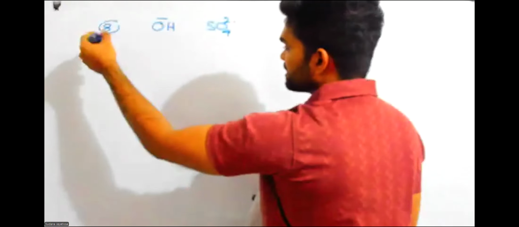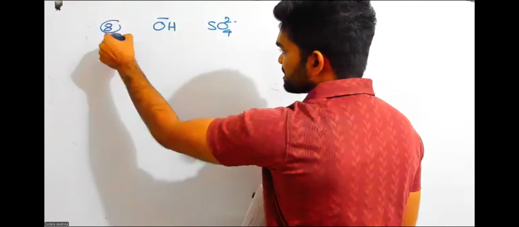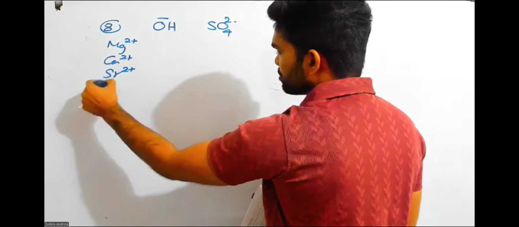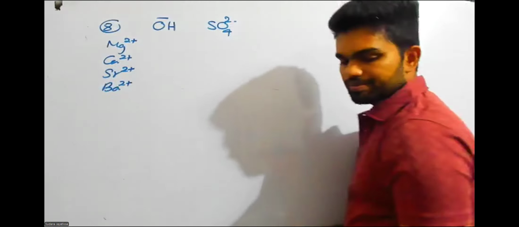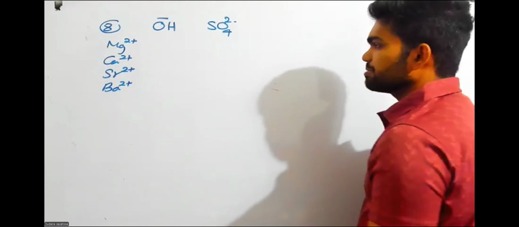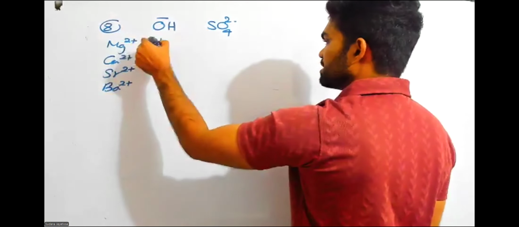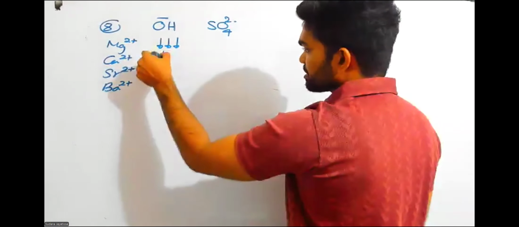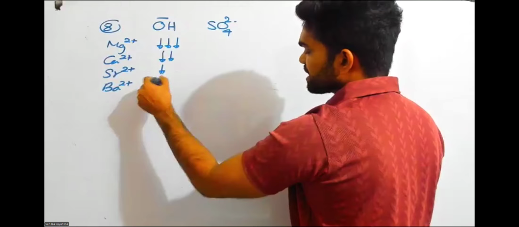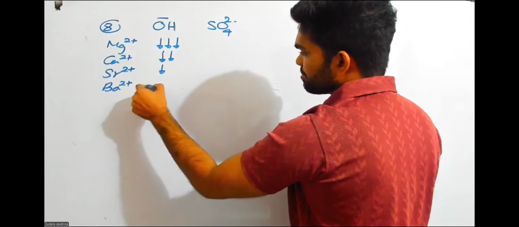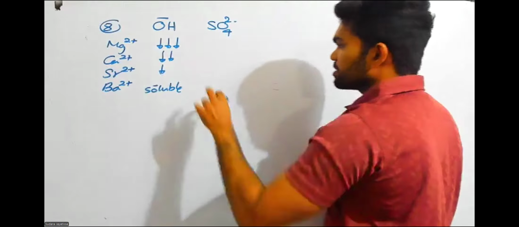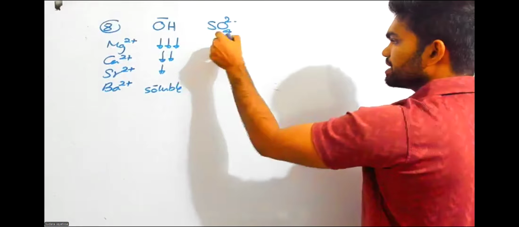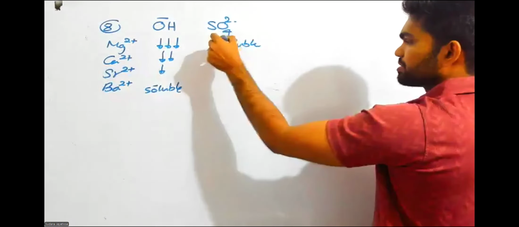For the elements magnesium 2 plus, calcium 2 plus, strontium 2 plus, and barium 2 plus: magnesium is a very good hydroxide precipitate, but hydroxide solubility increases down the group and barium hydroxide becomes completely soluble. The opposite follows for the sulfates. Magnesium sulfate is a soluble compound.